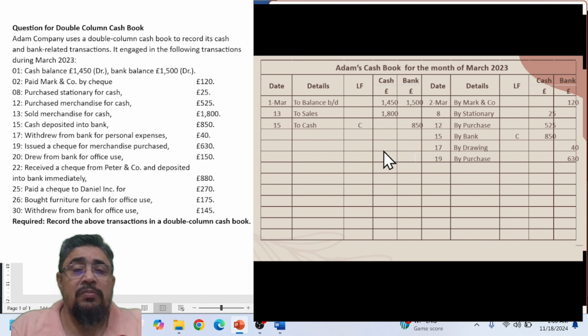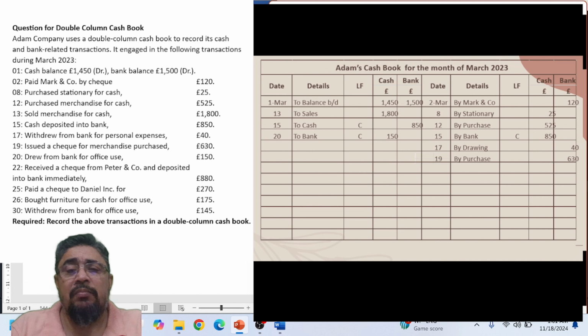The cash column is debit and the bank column is credit, because the cash amount increases and in the bank account the amount is withdrawn. So the amount will be minus here. So here on the debit side we will record 20th March to bank account, and in LF we mention C for contra entry, the amount is 150.